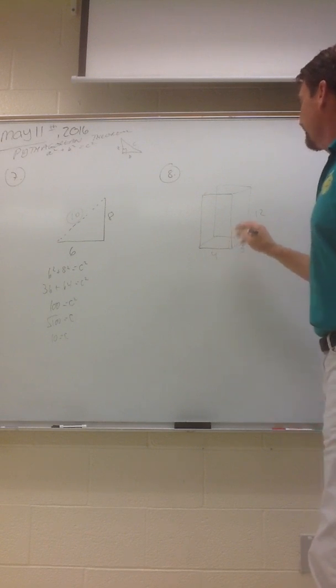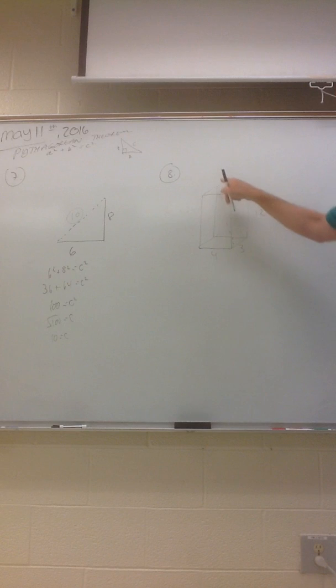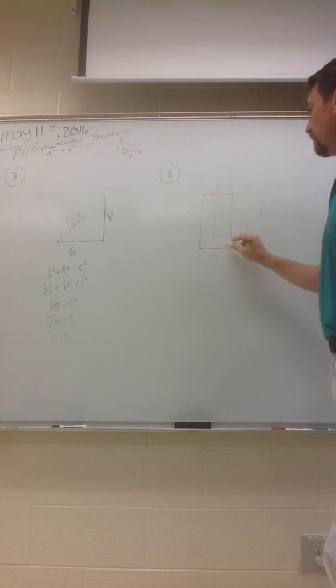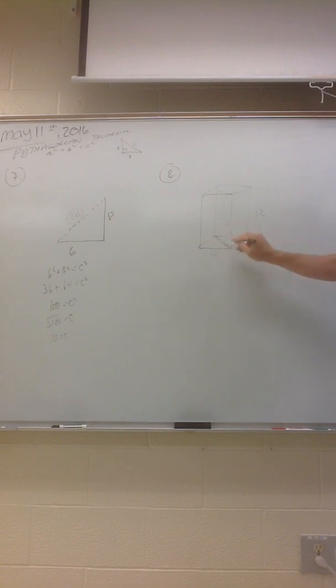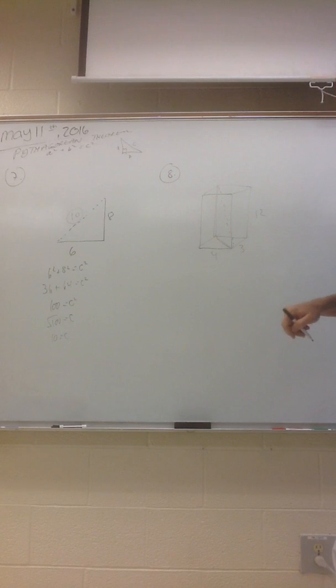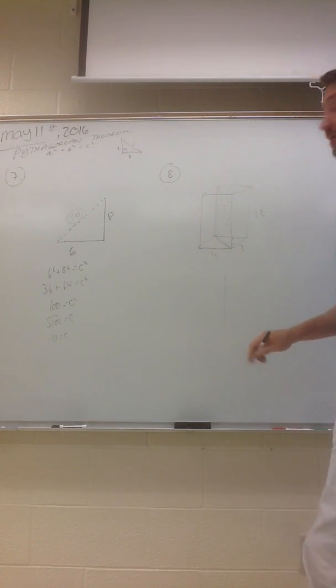And in order to find out how long to go from this corner down to this corner, to find the length of that line, which would be the hypotenuse for this triangle, we first need to know how long this line is. Because this would be one of the legs that we would use for that triangle. So here we go. We're going to set up two Pythagorean Theorem problems here.